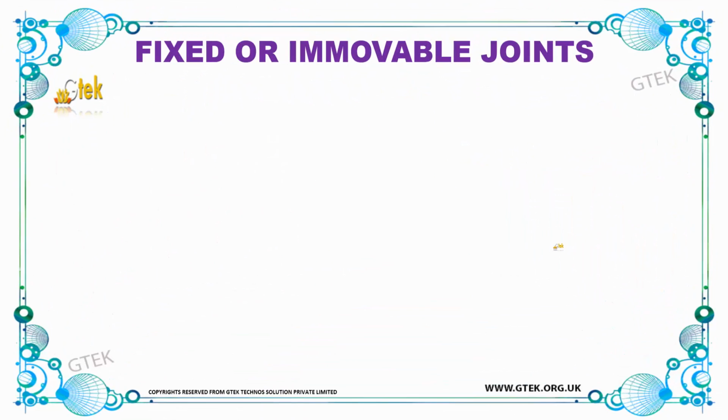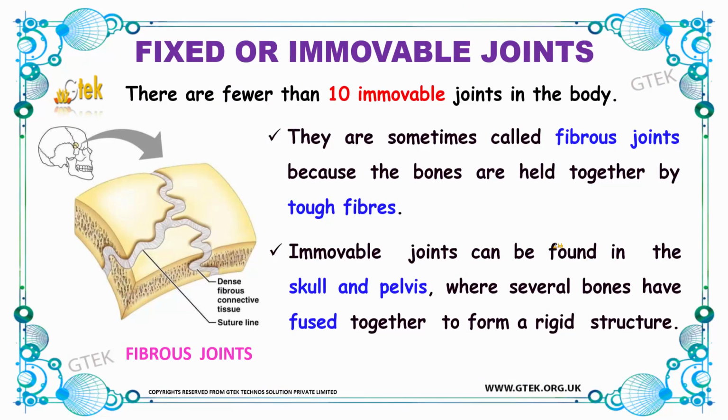Let us study fixed or immovable joints in detail. There are fewer than 10 immovable joints in your body, and they are sometimes called fibrous joints. That's because the bones are held together using tough fibers.